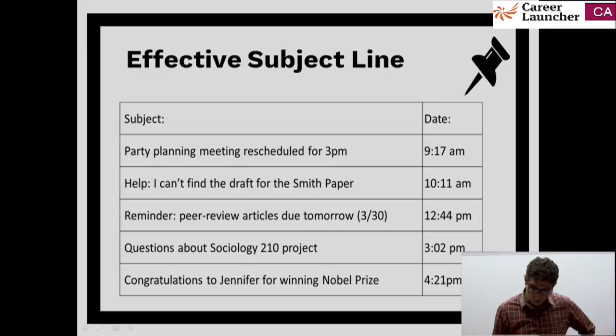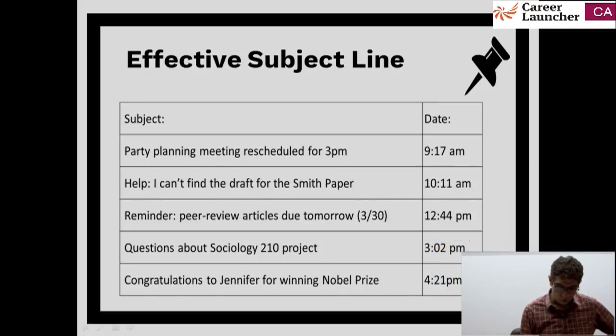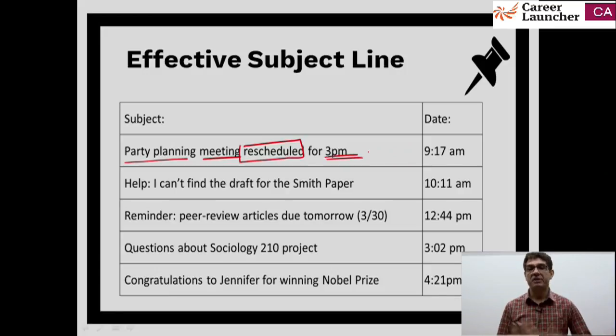So you know that it is about a meeting that was called for planning a party and it has been rescheduled, and the time. Now the mail can fill me in on the details, why it has been rescheduled or if there is any addition or deletion from the agenda. But all the critical information is here.